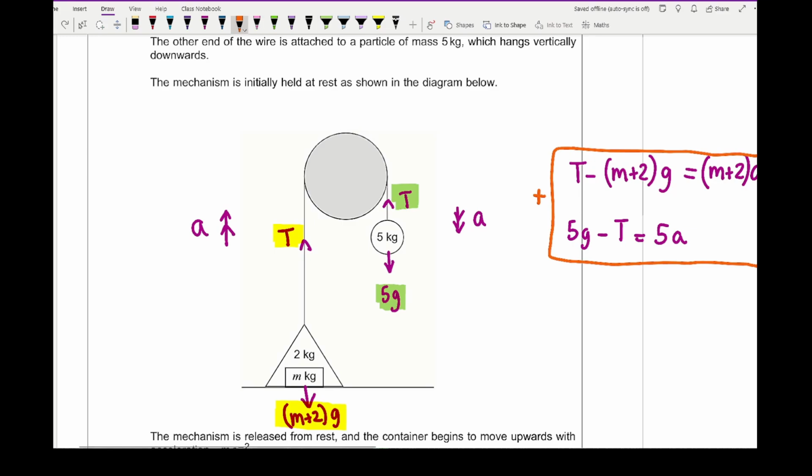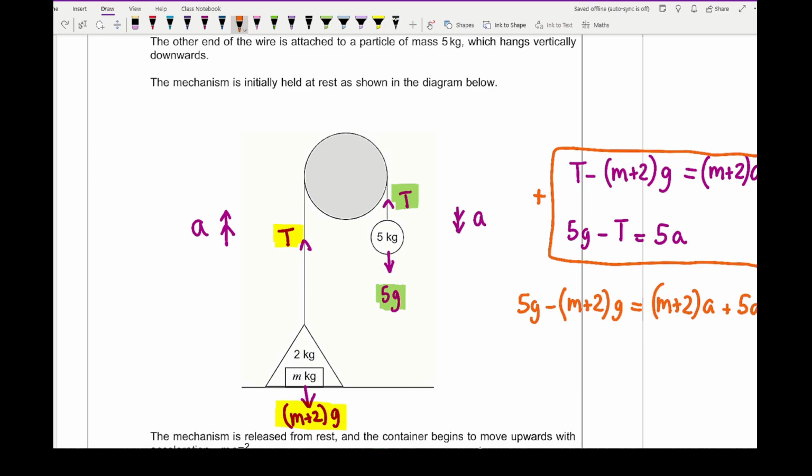So if we add these two pieces of algebra together, we get 5g minus (m plus 2) lots of g on the left hand side of the equals sign, and on the right hand side we have (m plus 2) lots of a plus 5 lots of a.